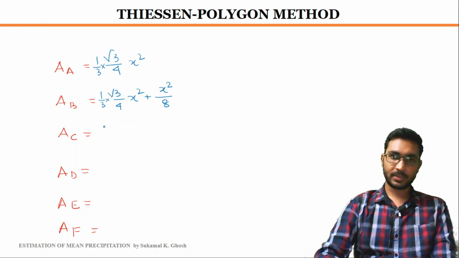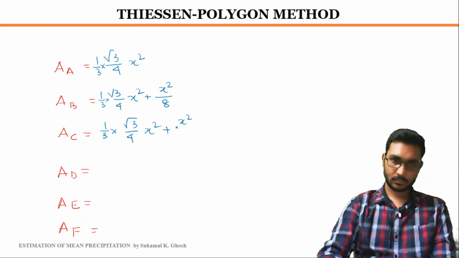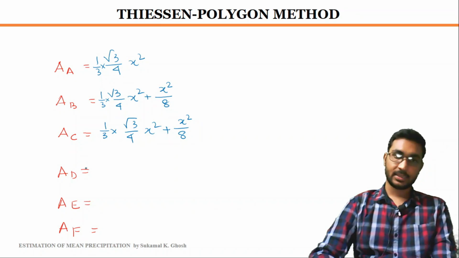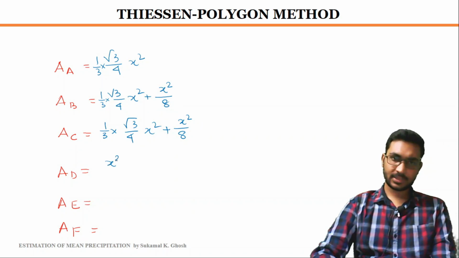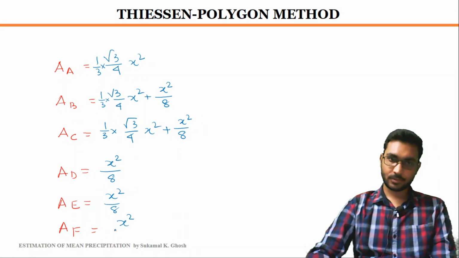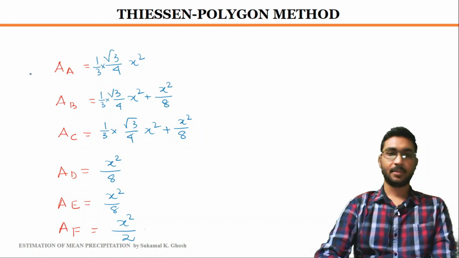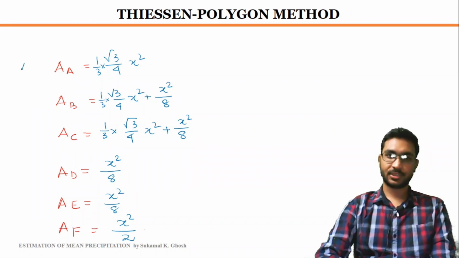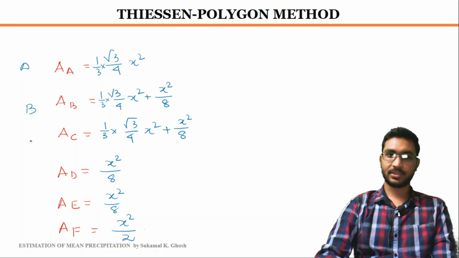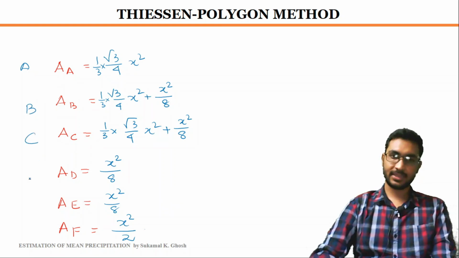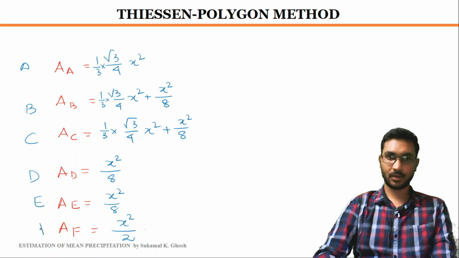AC will also be the same. AD was x square by 8, AE was also x square by 8, and AF is x square by 2. These are the weighted areas of rain gauge stations: A, B, C, D, E and F respectively.